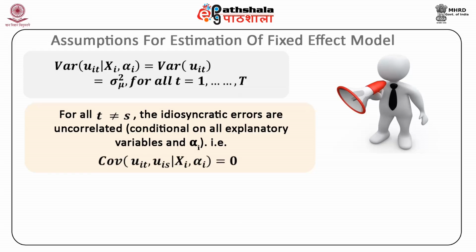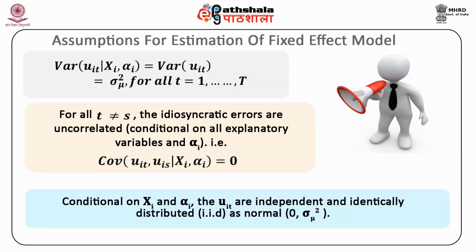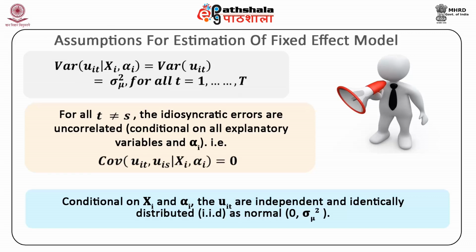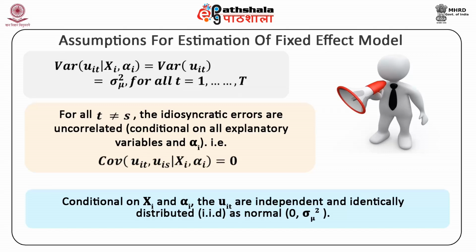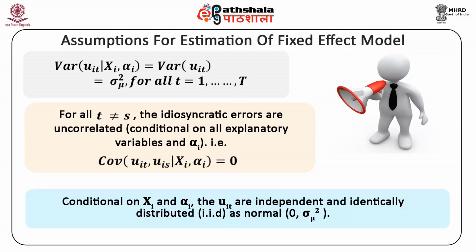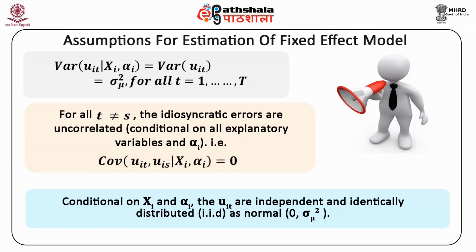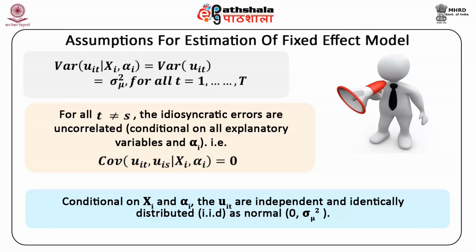The last assumption, the seventh, is that conditional on x_i and alpha_i, the u_it are independently and identically distributed, IID, as normal with mean 0 and variance sigma u square. Note, fixed effects methods apply immediately to unbalanced panels, but we must assume that the reasons some time periods are missing are not systematically related to the idiosyncratic errors.